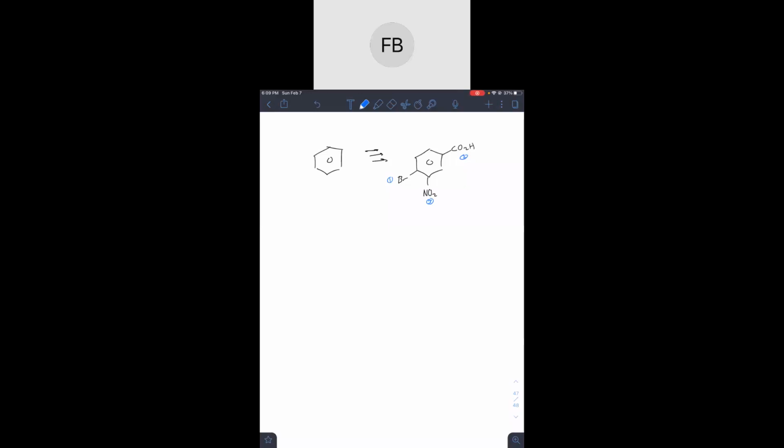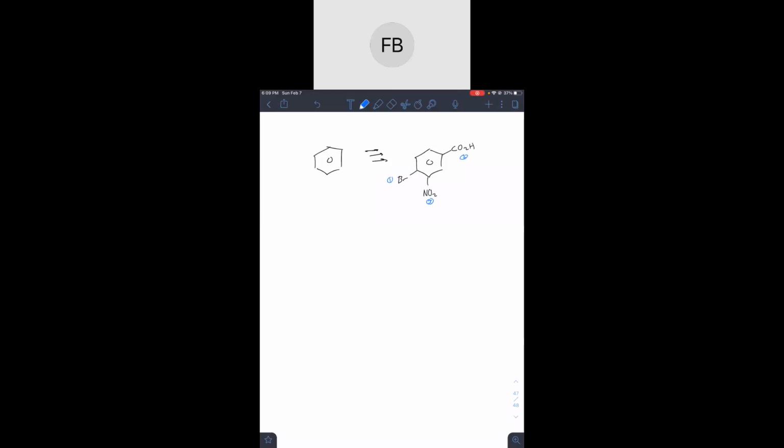Going off of that, we have to be careful, because if we add the NO2 first, it's going to be really heavily deactivating. One thing I'm thinking is that the Br adds to the ortho and para positions. That's helpful because if you look at the Br, NO2 is ortho and the CO2H is para to it.